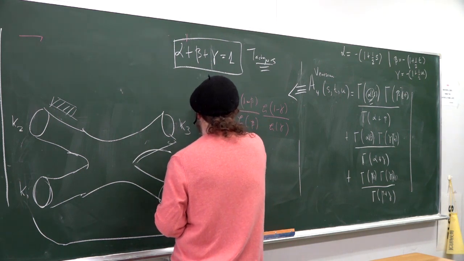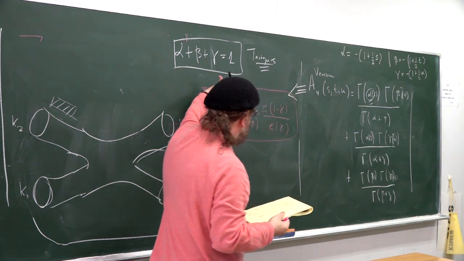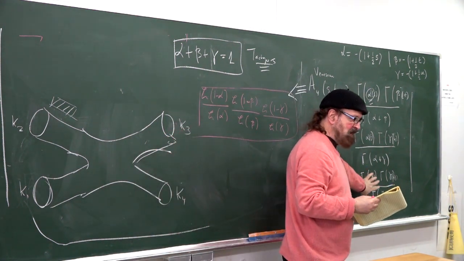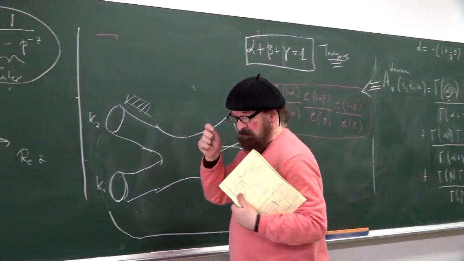So this product of zeta functions, in the numerator and denominator, happens to coincide with the Veneziano scattering amplitude, if and only if this relationship is satisfied.